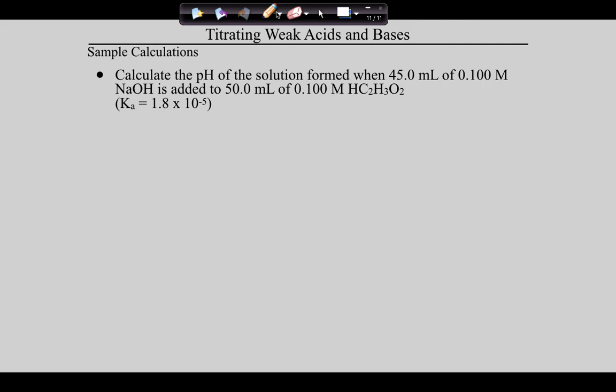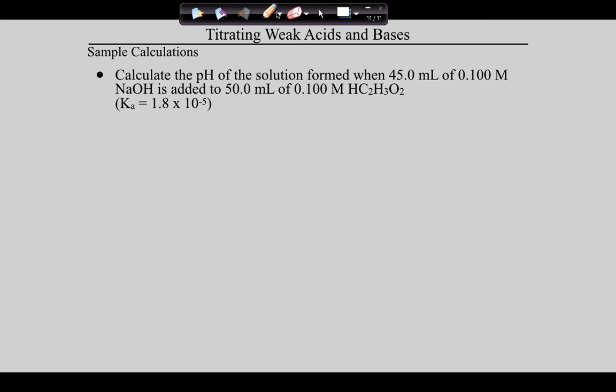And guys, let's make sure we can do this without having to look at the graph. How do we know just from the data that we're before equivalence? Good, that's the first thing you've got to check. Same molarity. What if it's not the same molarity?